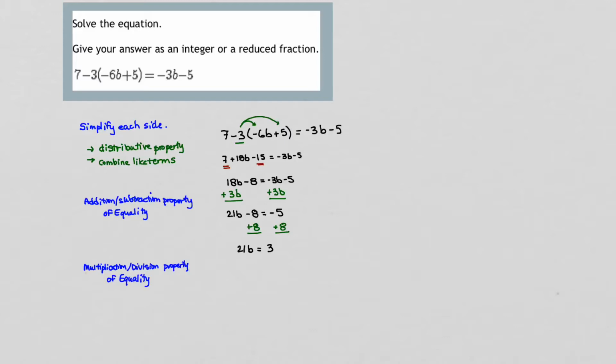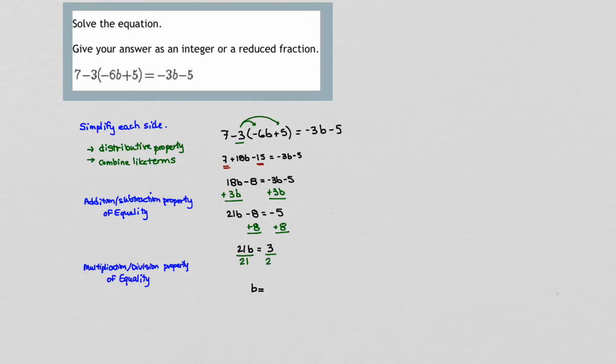So we are going to use the fact that 21 times b is a multiplication. To solve this equation, I want to get b all by itself, right? The job is to get b equal to some number by itself. In order to do that, because the 21 is being multiplied by the b, I'm going to do the opposite operation of multiplication, which is division.